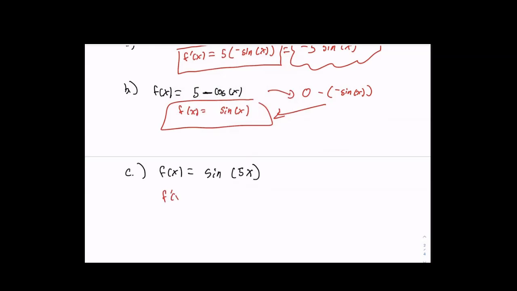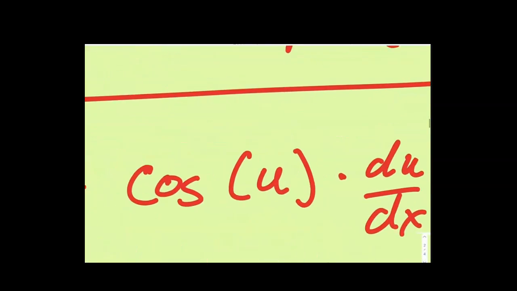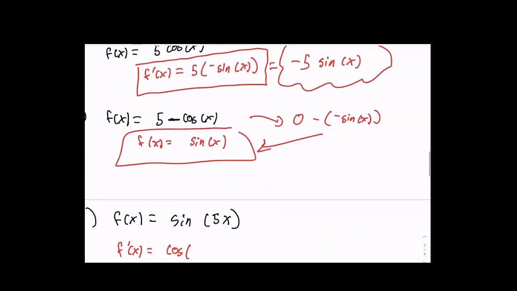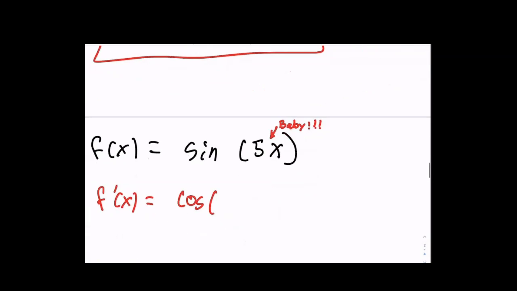Would it be cosine of 5? Close. Remember, the baby stays. Cosine of 5x times 5. Yes.